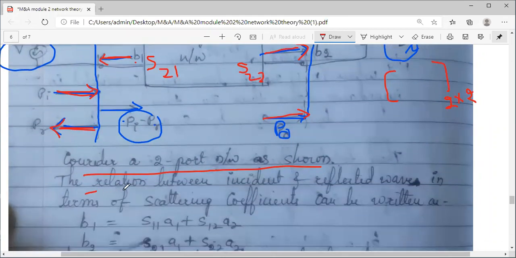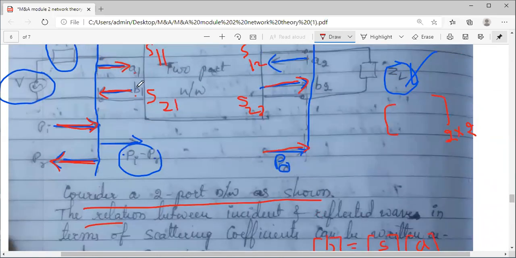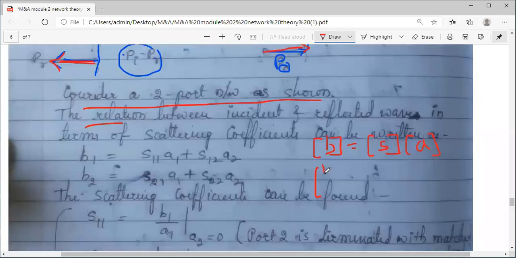Now, how to get the relationship? We have already derived this. For a multi-port network, the S matrix is represented in this way: B is equal to S into A. I'm talking about matrices. It is a two-port network. How many reflections do we have? There is B1 and B2, so 2 reflected waves.